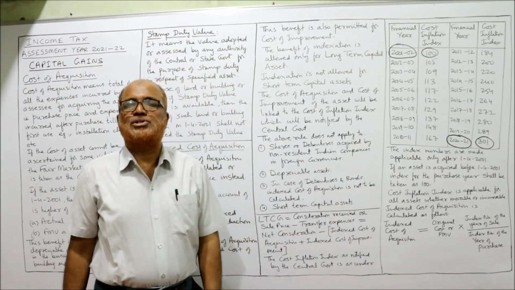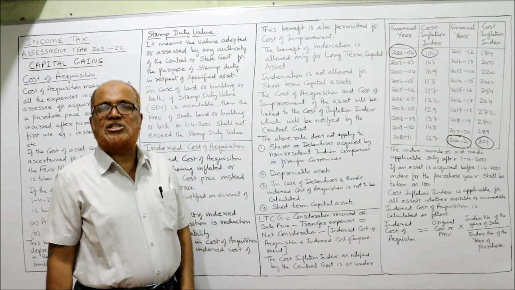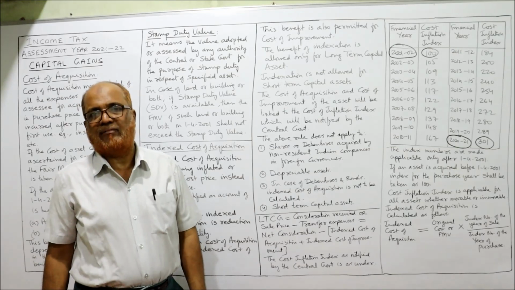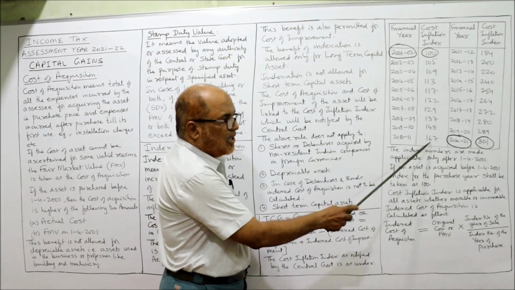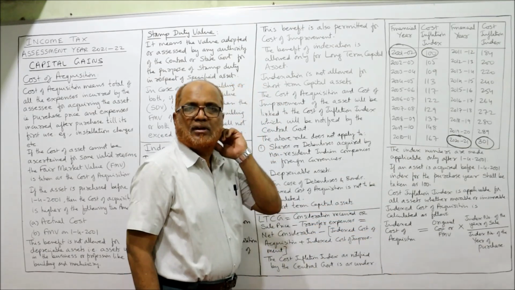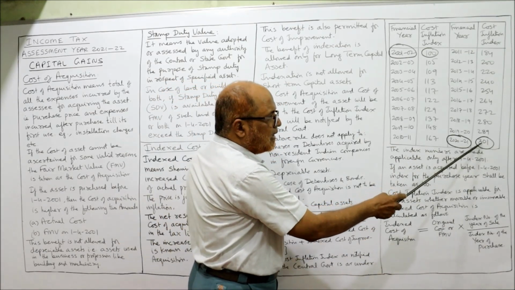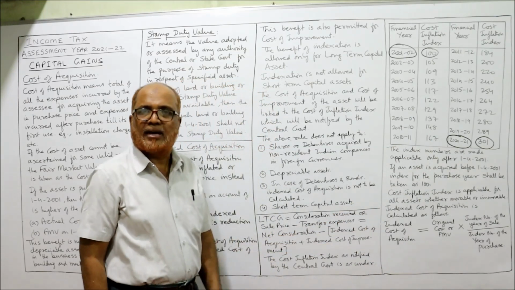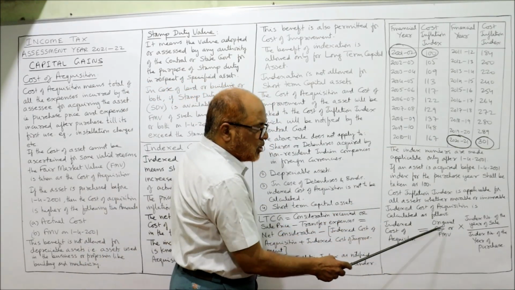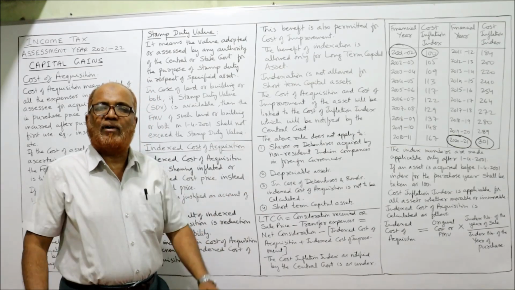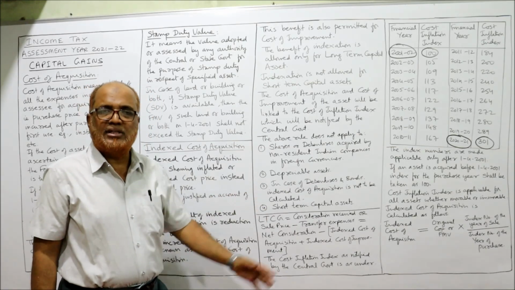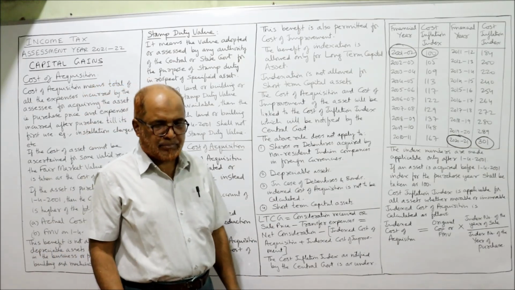For the denominator, the year of purchase, suppose the asset was purchased during 2010-2011. The index number for 2010-2011 is 167, so the denominator is 167. So numerator 301, denominator 167, multiplied by original cost, gives the indexed cost of acquisition. The concept will be clearer while doing problems on computation of income from capital gain.